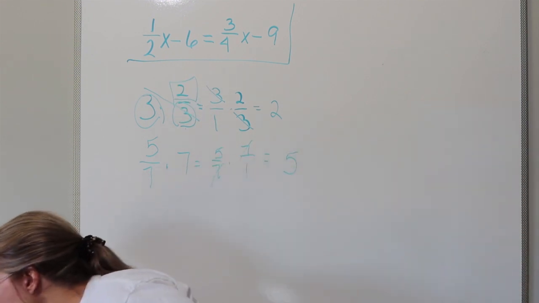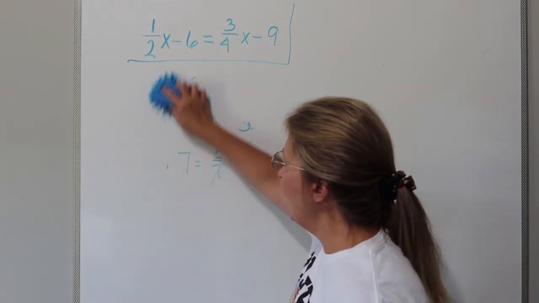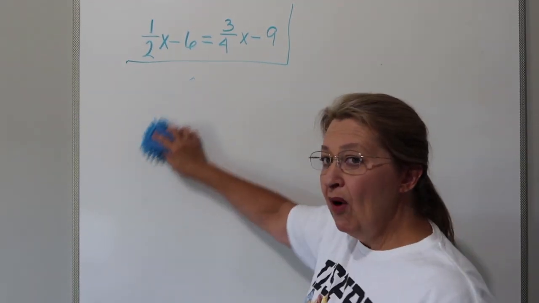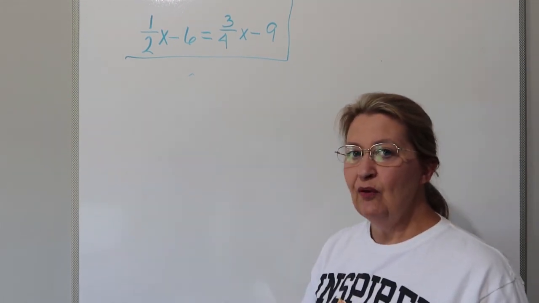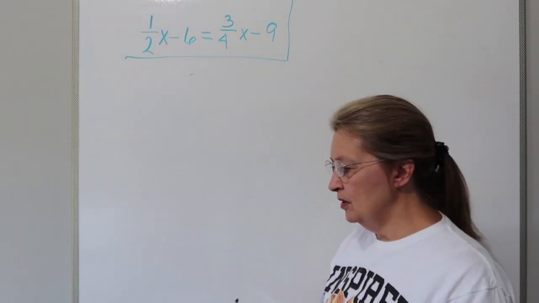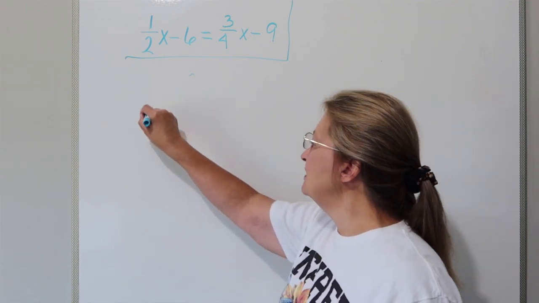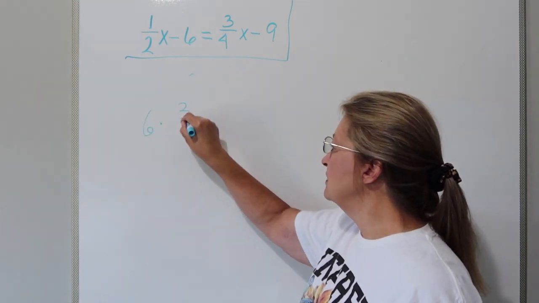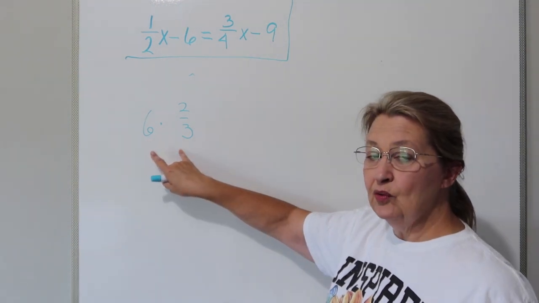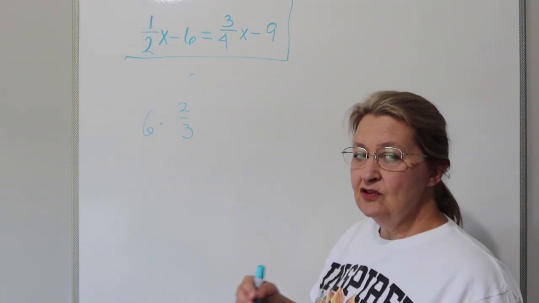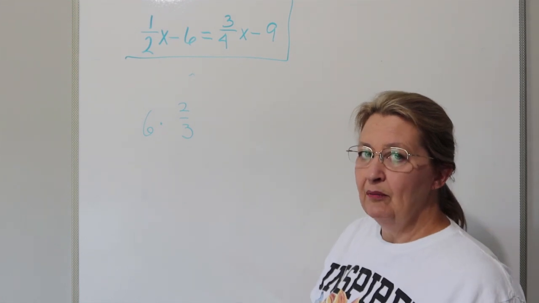Now let's look at what happens if I multiply a fraction by a multiple of the denominator. What's a multiple? Well, it's a number you get when you multiply that number times something else. So let's say 6 times 2/3. 6 is a multiple of 3 because I can get 6 when I multiply 3 by a number.